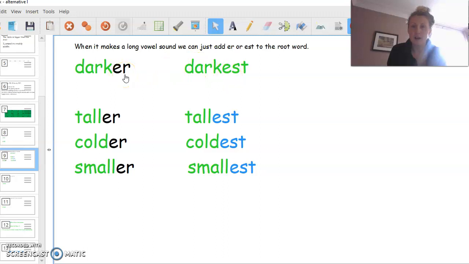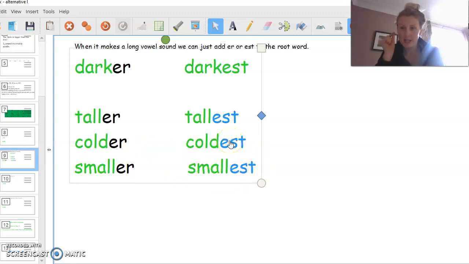I've done the ER suffix in black, and I've done the EST suffix in blue, apart from here, because I couldn't change it. So let's read these words. Darker, darkest, taller, tallest, colder, coldest, smaller, smallest.